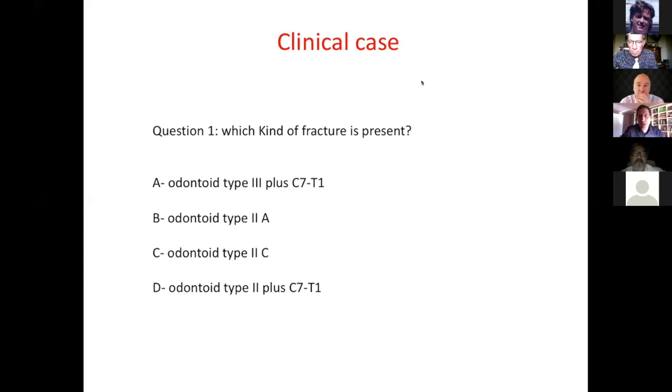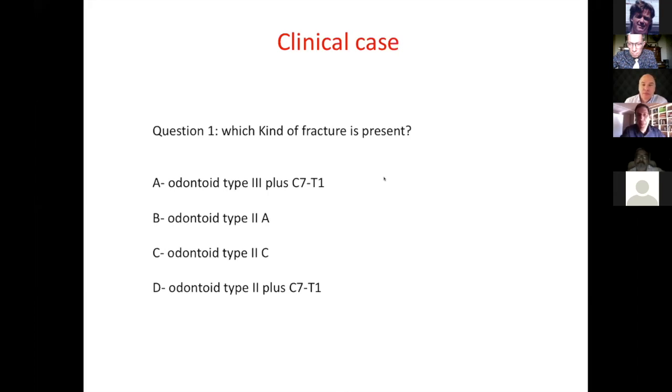And most people would go for C1, C2 posterior fixation plus C7-1 anterior posterior fixation, or occiput to T3. So this covers 66% of the results.